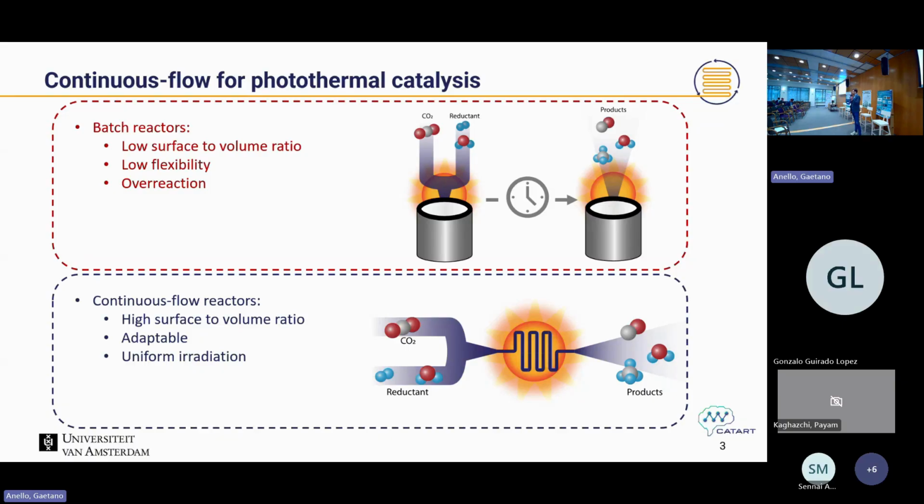You also have narrow channels, so a higher surface to volume ratio, so you can heat up your reactant stream very fast and also cool it down if you want that. And since we're working with light, narrow channels also provide better light irradiation of your channel rather than if you have a very big local patch.